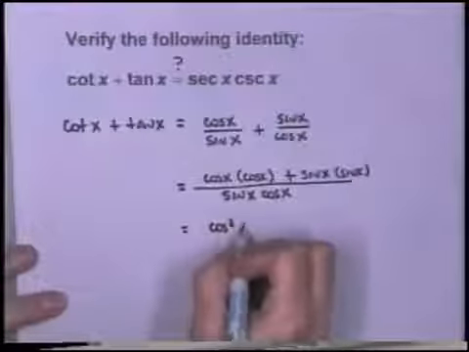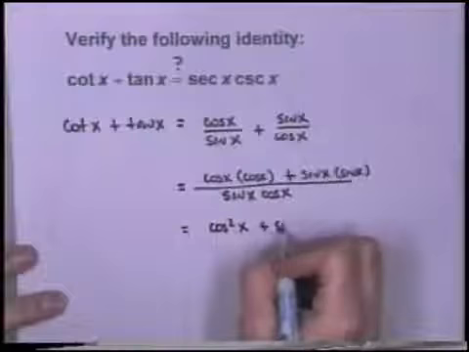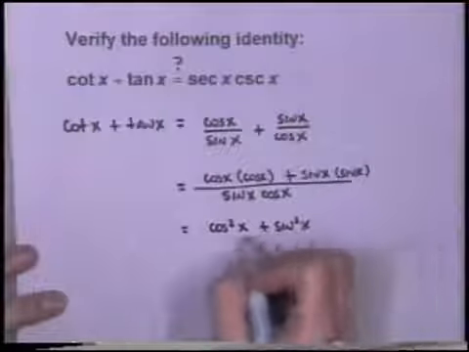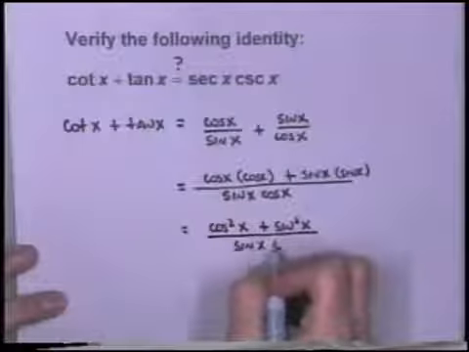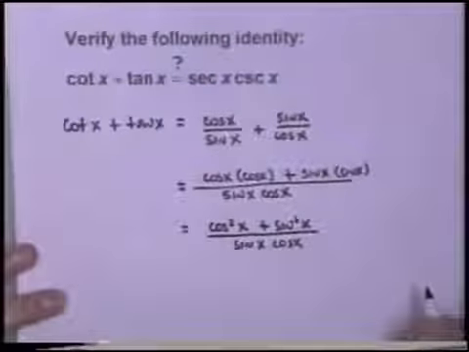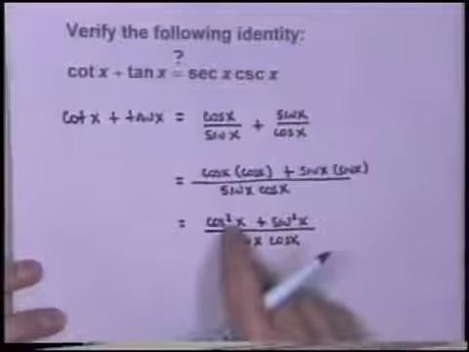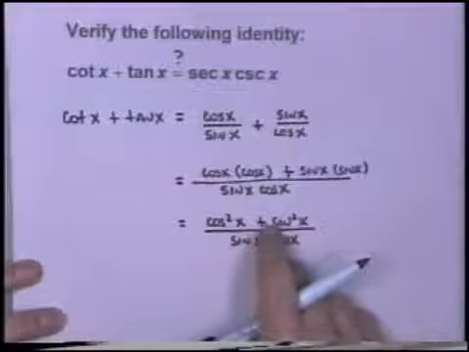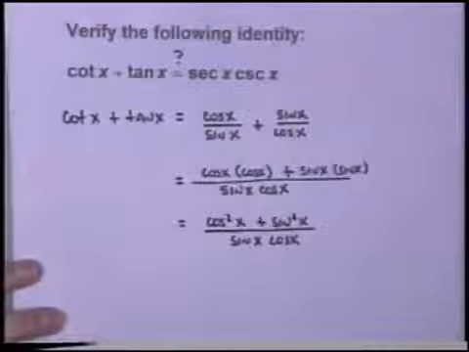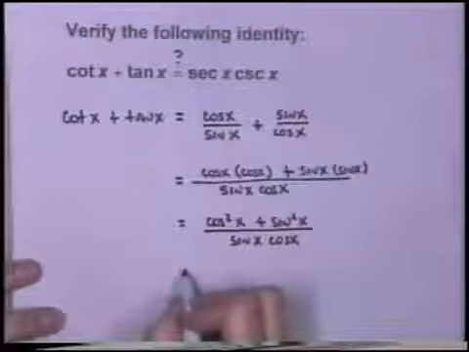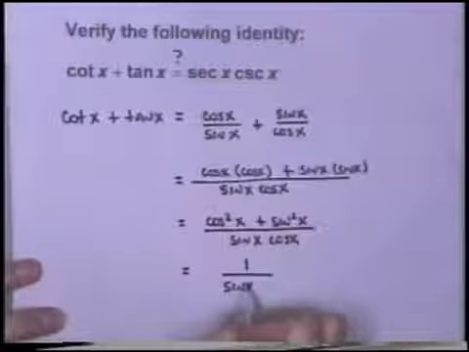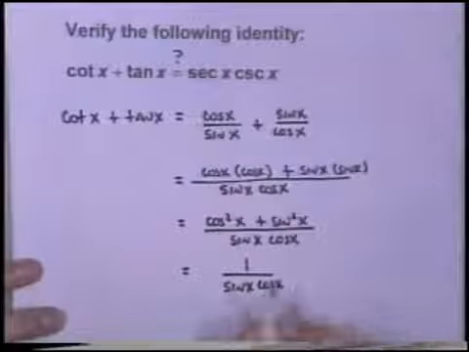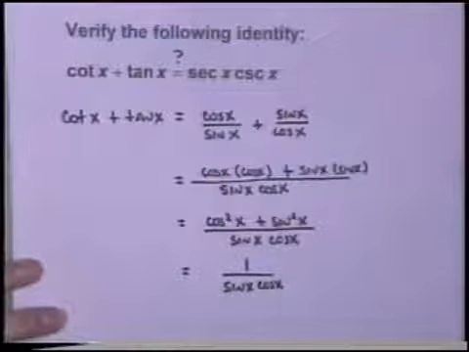Now, multiplying this out, I have cosine squared x plus sine squared x being divided by the product sine x cosine x. Now, usually students spot this pretty quickly. What can I do with cosine squared x plus sine squared x? That's 1, isn't it? So I have 1 over sine x times cosine x.